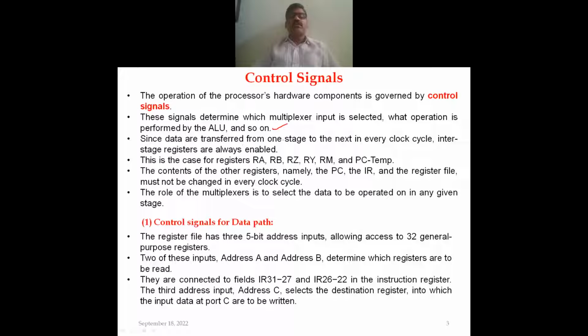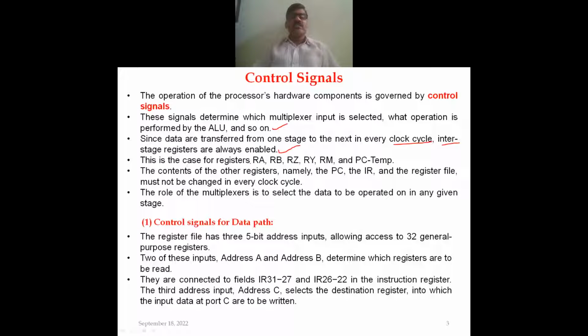Since data are transferred from one stage to the next in every clock cycle, we use interstage registers, which are to be enabled during that particular stage when the clock pulse is generated.